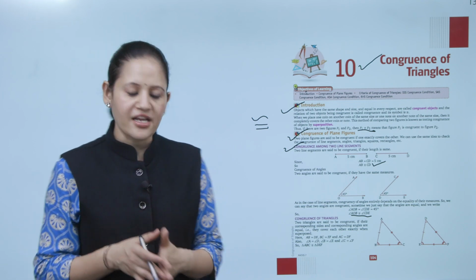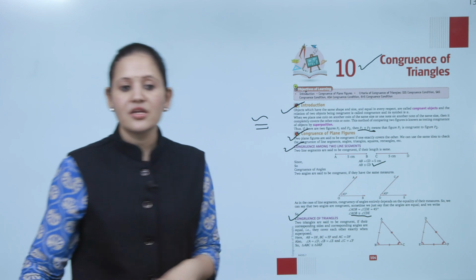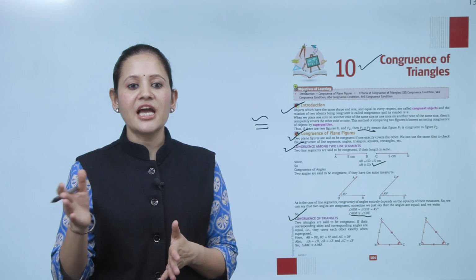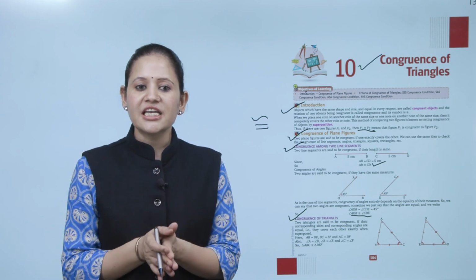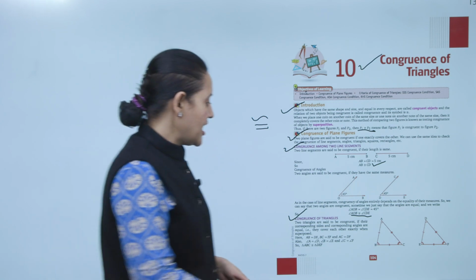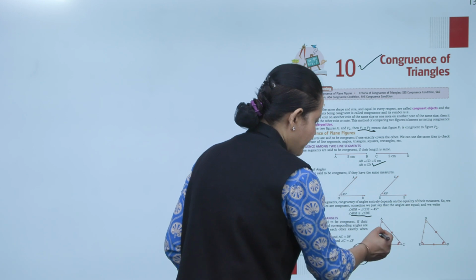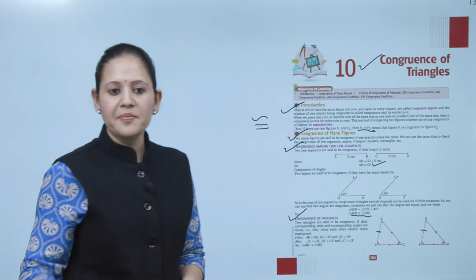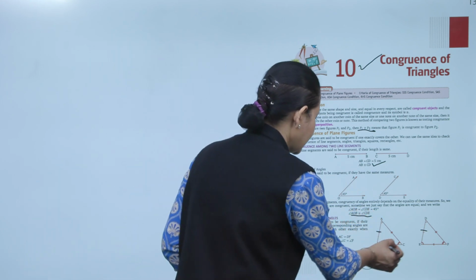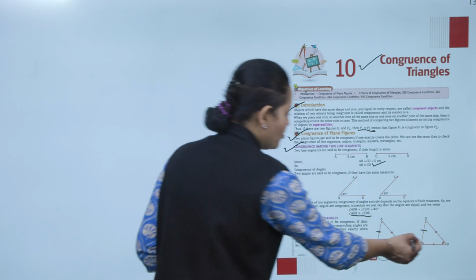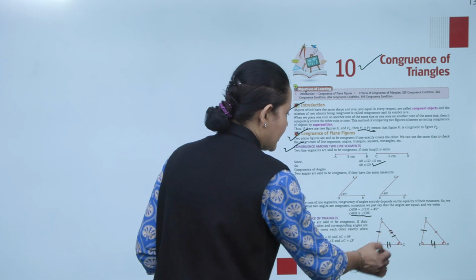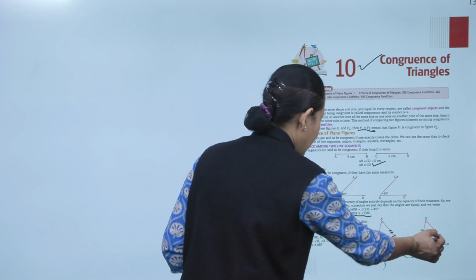Next is congruence of triangles. Two triangles are said to be congruent if their corresponding sides and corresponding angles are equal. They cover each other exactly when superposed. Here AB equals DE, BC equals EF, and AC equals DF.